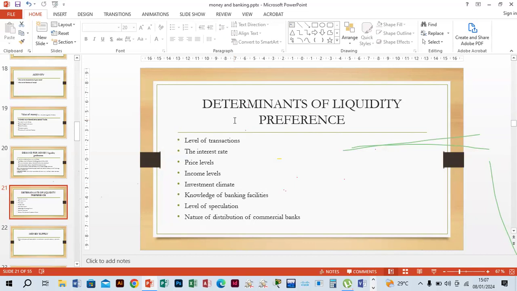Firstly, the level of transactions. A high level of transactions by people leads to high liquidity preference. This is because there is much need to hold money so as to have the day-to-day transactions needed for survival.